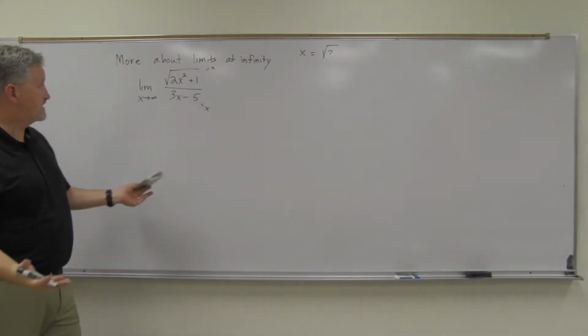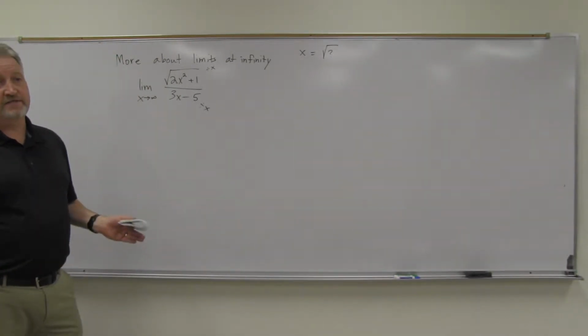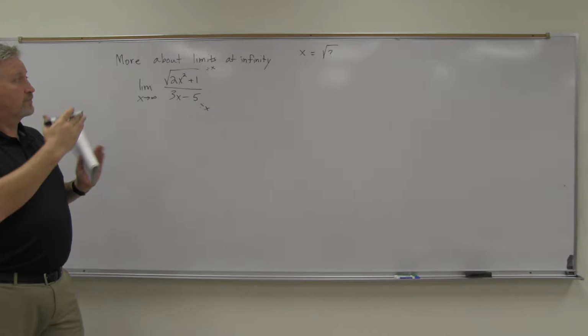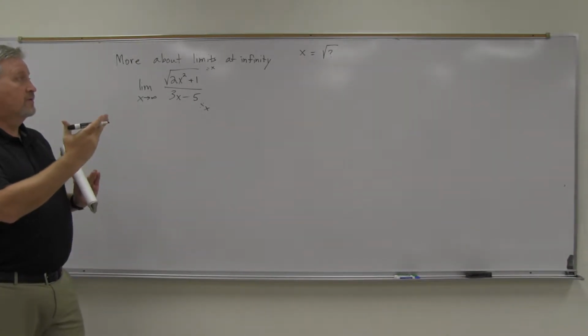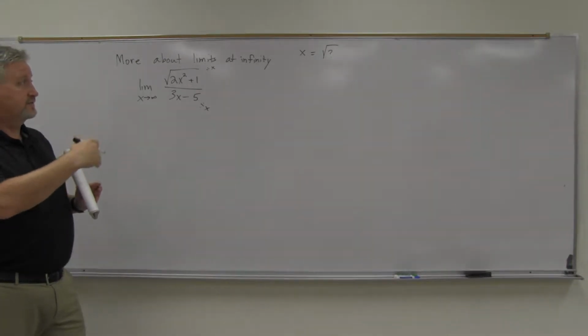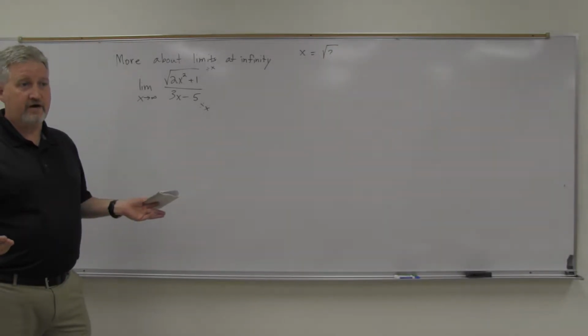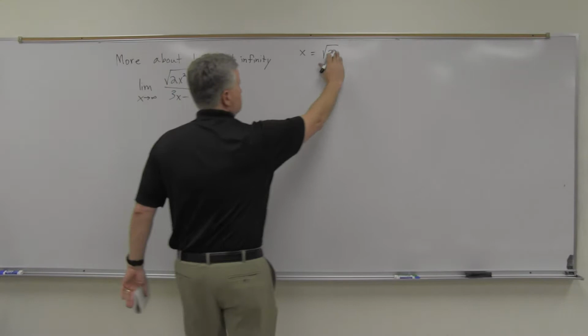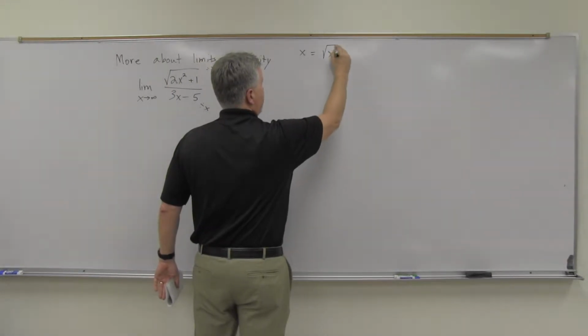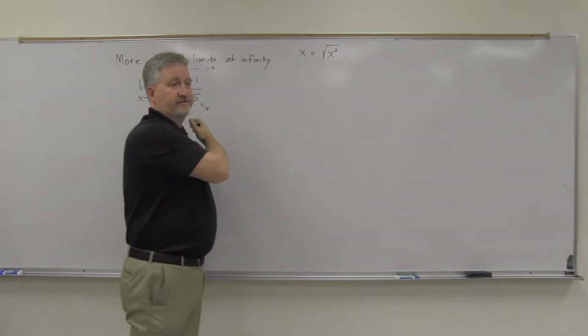Since x goes to infinity, it's pretty easy. What would give me x if I square rooted it, as x goes to infinity? It would be the square root of x squared, wouldn't it? Wouldn't the square root of x squared equal x as x goes to infinity?